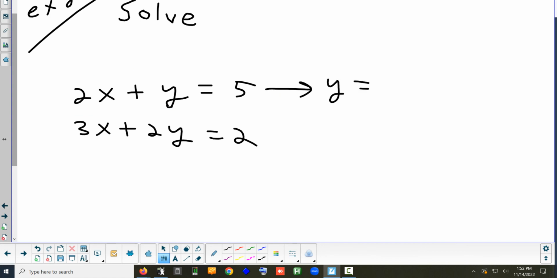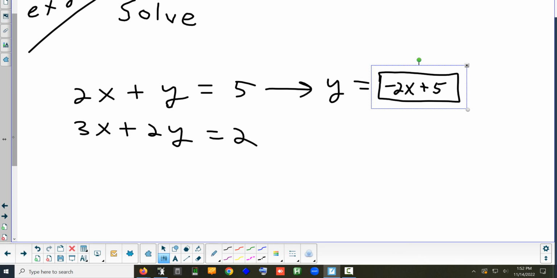And you said to subtract the 2x. And what do you get when you subtract 2x? Negative 2x plus 5. Yep. If you said 5 minus 2x, that's fine too.